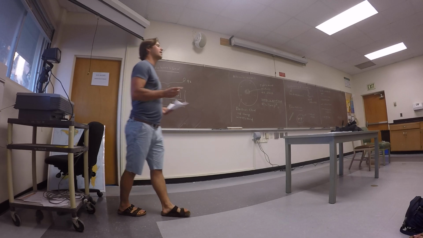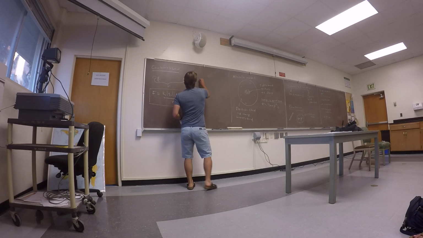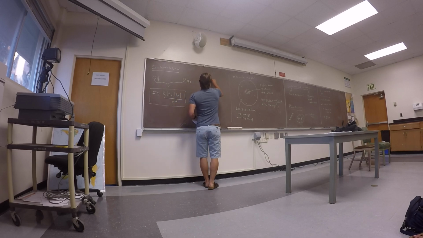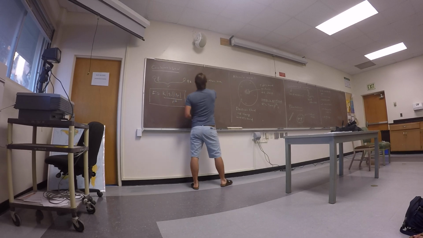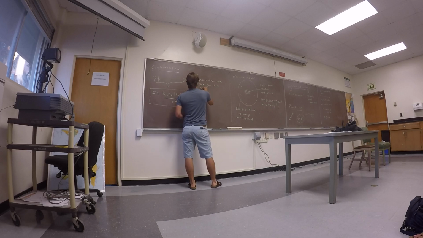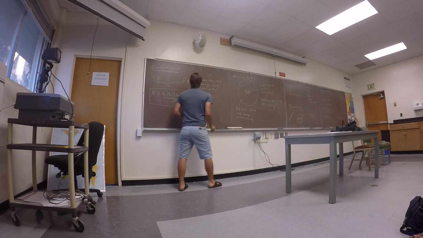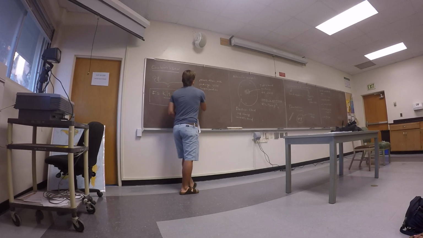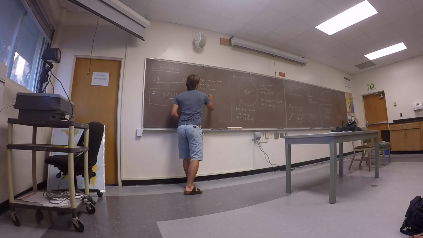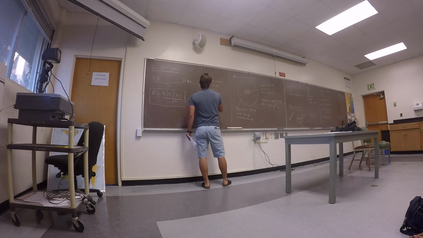Now, we did a lot of Coulomb's law problems. Don't forget that if you have more than one charge, you use superposition. That would mean that the net force on any given charge is going to be the sum of all of the individual forces.